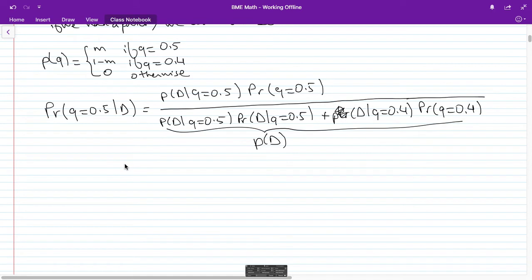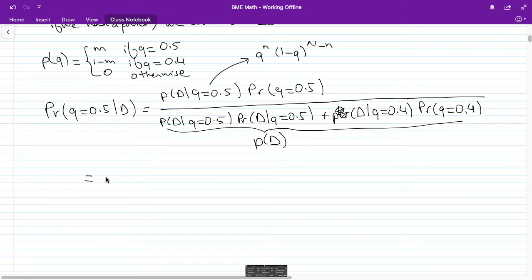So let's go ahead and write down what these things are. This term here, the probability of data given that Q is 0.5, is my likelihood, that's Q to the power of n, 1 minus Q to the power of capital N minus little n.